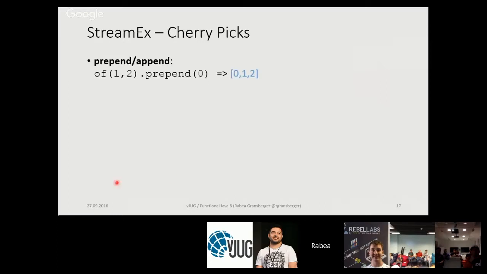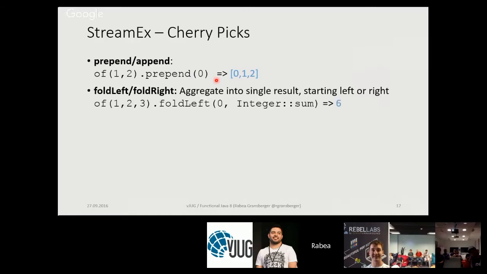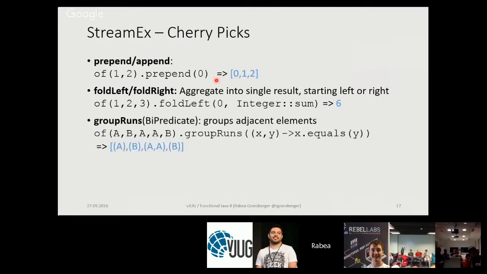Then some nice methods which we have directly on the StreamEx, if we already created one, like with this one. And then we call, for example, a prepend method, which adds some items to the beginning of the stream, or we call the append method to add them to the end of the stream. Then we have some folding methods, which are missing from the standard API. And we have a groupRuns method. You have to be a bit careful with this one. It's not really an intermediate operation, as we see later.